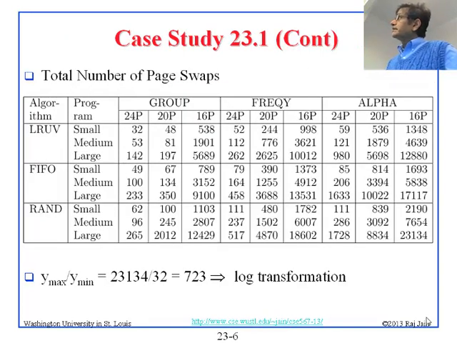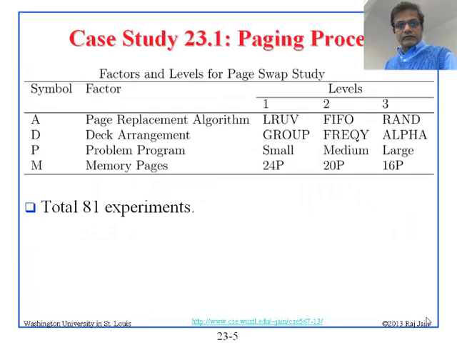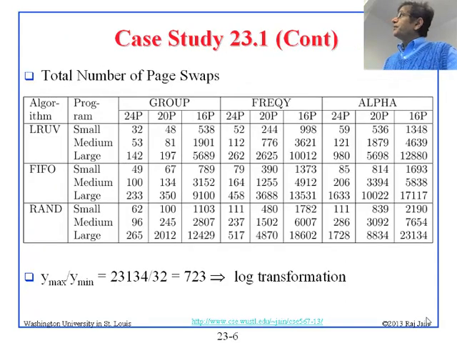So for the deck arrangement group, you take all the values for which the deck arrangement is group, which is this value. And the last thing was memory pages. The memory pages is not written here anywhere, but these are three memory pages: 24, 20, and 16. So you take all 24 P's, then divide by that, you get the 24P value for memory.